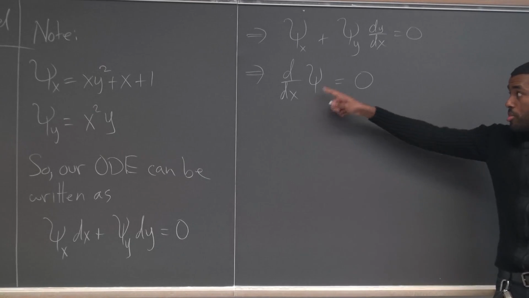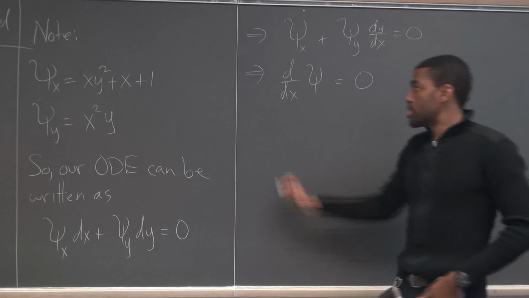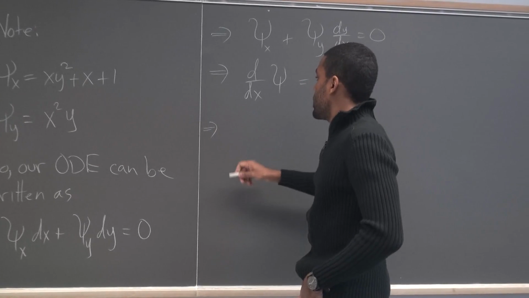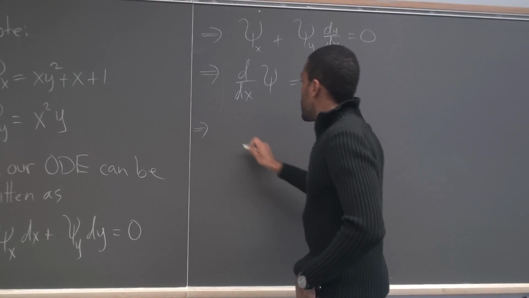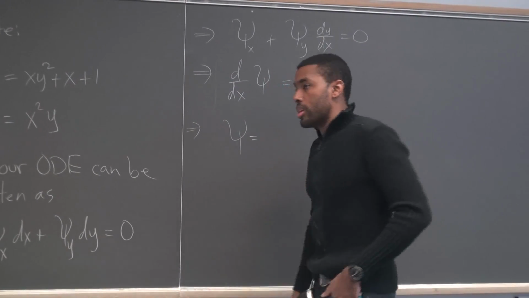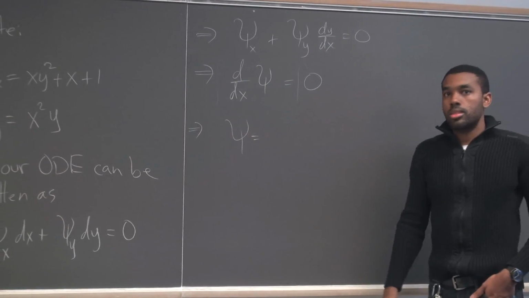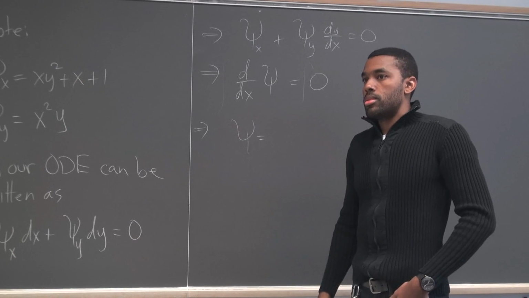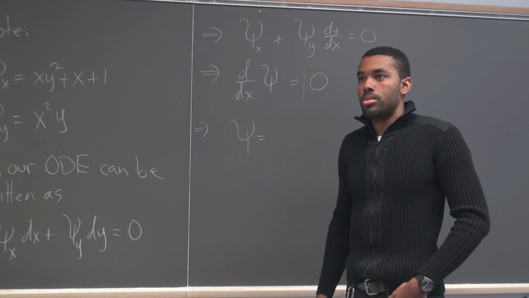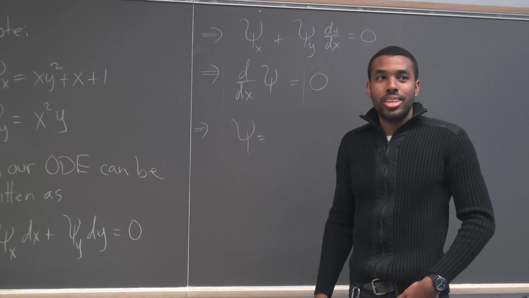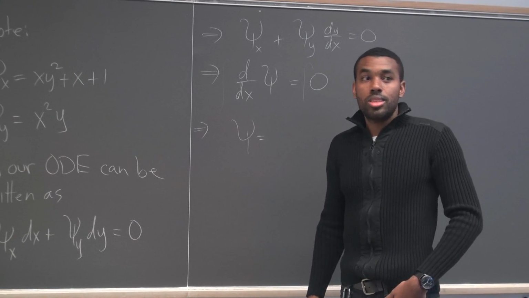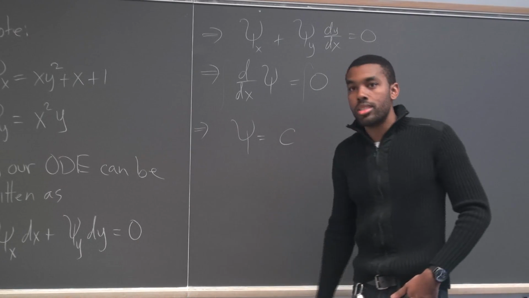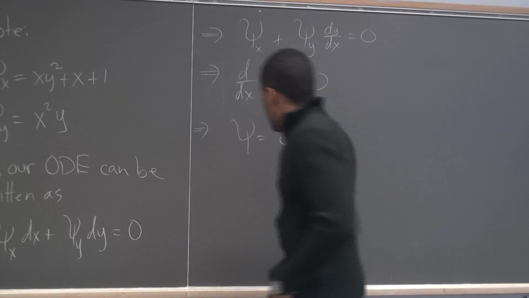So you have the derivative of some function equals 0, which means I can integrate both sides, and I get psi equals what? The antiderivative of 0. What's the antiderivative of 0? Some constant. You differentiate a constant, you get 0. So psi equals some constant.